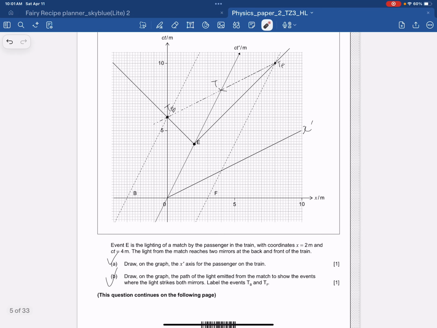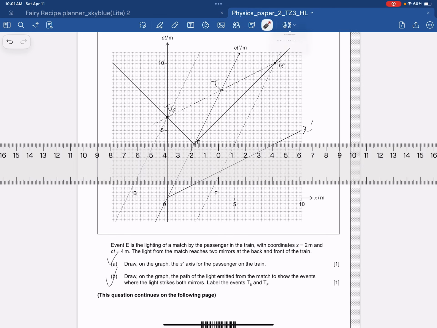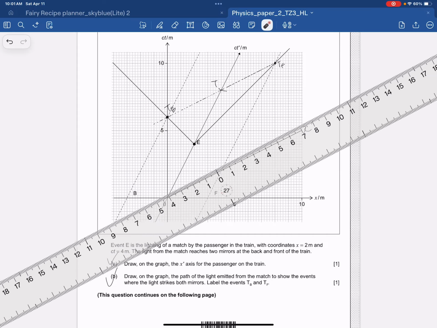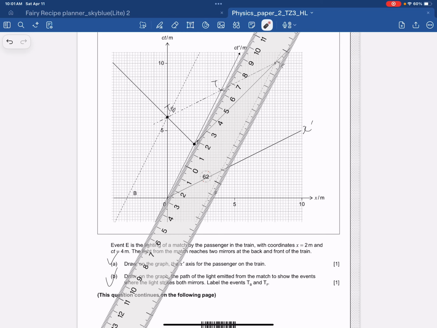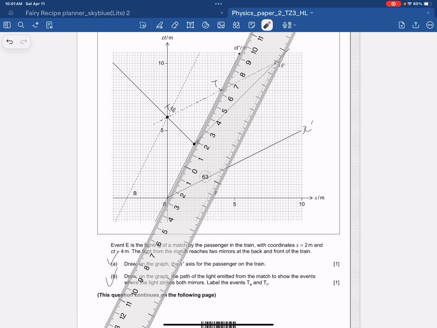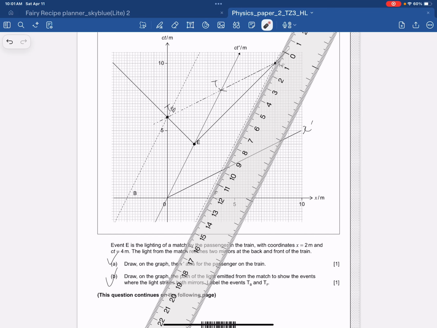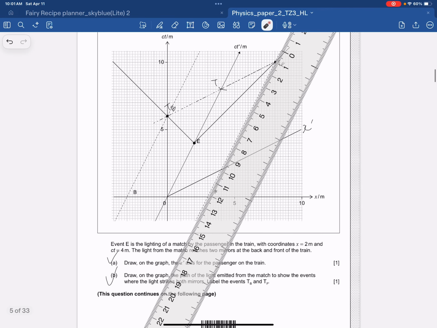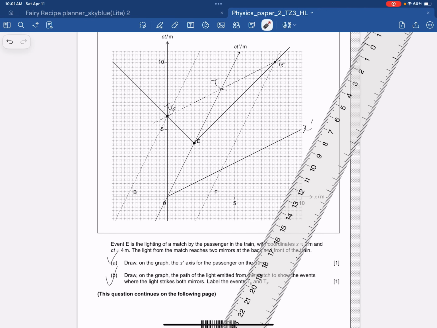If you watch my other space-time diagram videos, you will hear me say how you find length contraction: you set your ruler perpendicular to the CT primed axis, move your ruler to the event, and mark where these parallel lines intersect with the normal x axis.